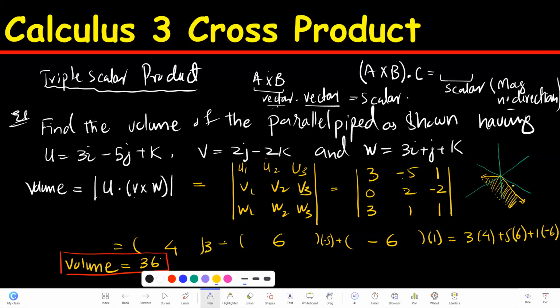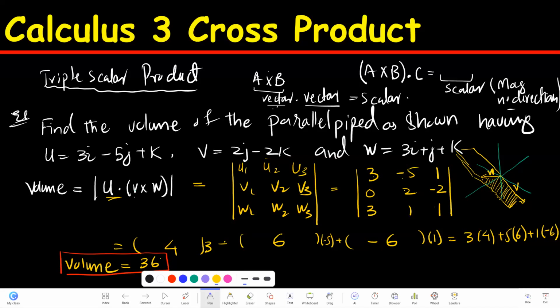Like this is my V, this is my W. And then I'm going to be taking U. So my U is going to be coming out of the board. And what I'm going to be doing is just connecting them. And that's my volume. It basically looks like a parallelepiped, a solid cubical shape. Okay.